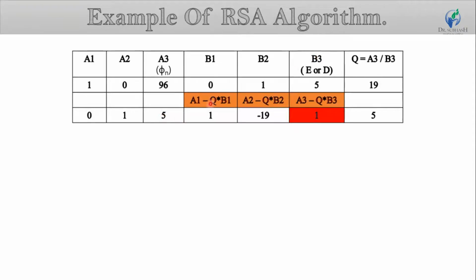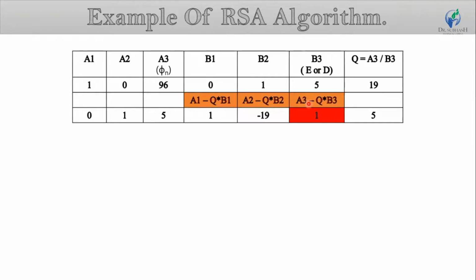Now for the values of B1, B2 and B3, we use these equations. For B1, we use A1 minus Q into B1. For B2, we use A2 minus Q into B2. For B3, we use A3 minus Q into B3.